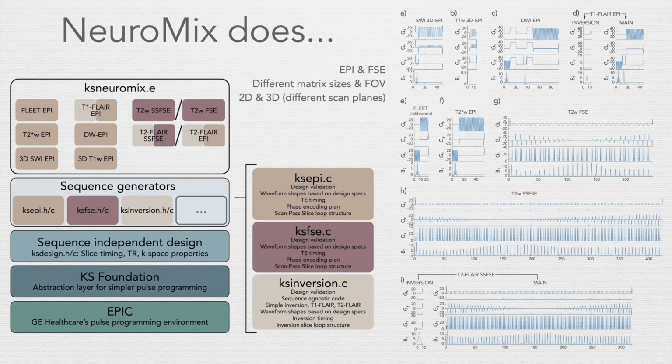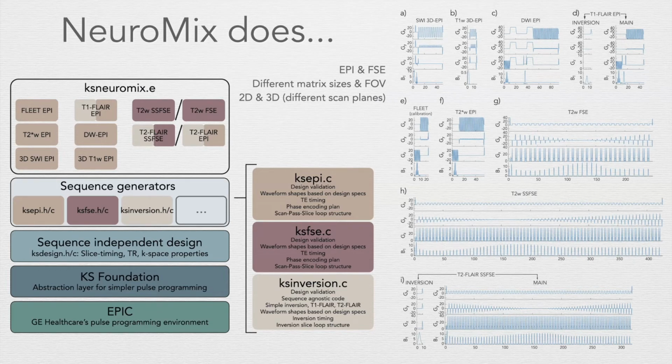So this is for those of you who develop a sequence yourself. We were forced to spend a couple of years actually rewriting our framework. At the very bottom left, you see EPIC, which is GE's pulse programming environment. On top of that, we have KS Foundation, which is our simplification layer I showed earlier.